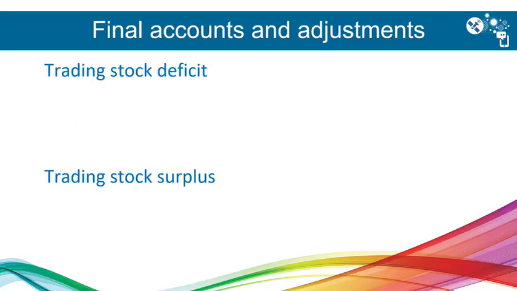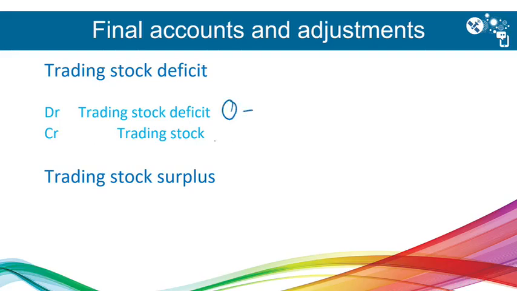Trading stock deficit is an expense, and we will credit trading stock. This is an expense that will decrease owner's equity, and the assets will decrease. Trading stock deficit to be shown in the profit and loss as an expense, post-closing trial balance, the trading stock account.